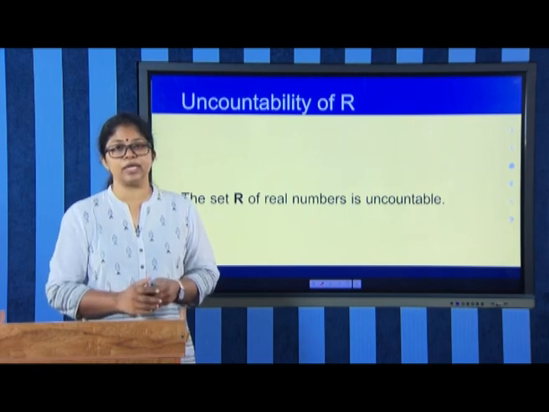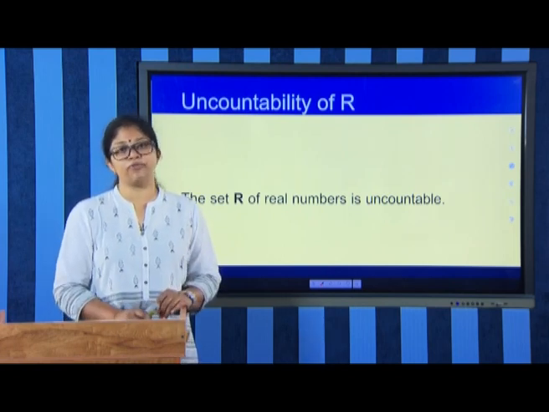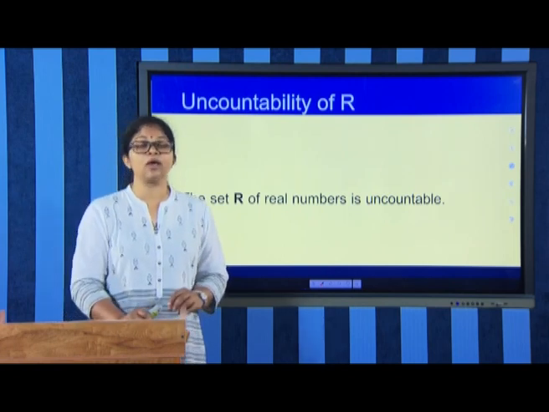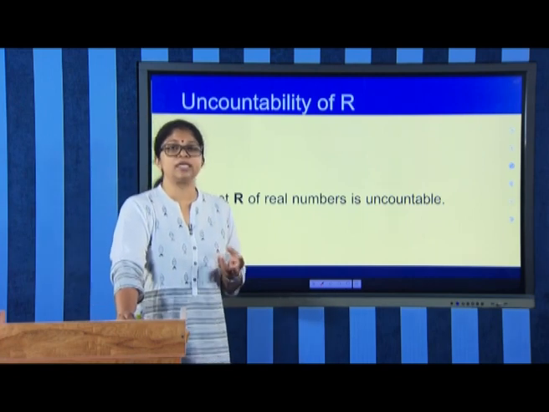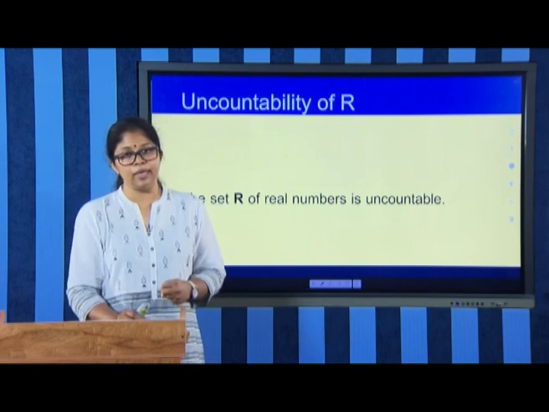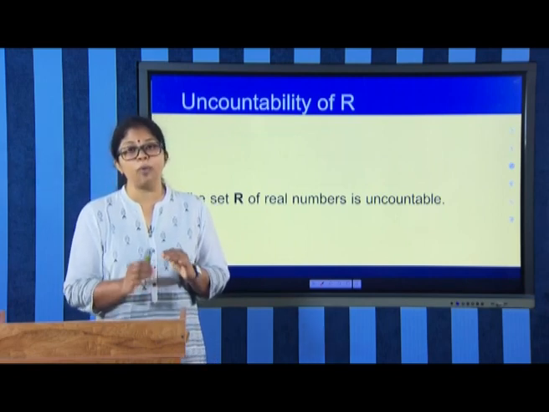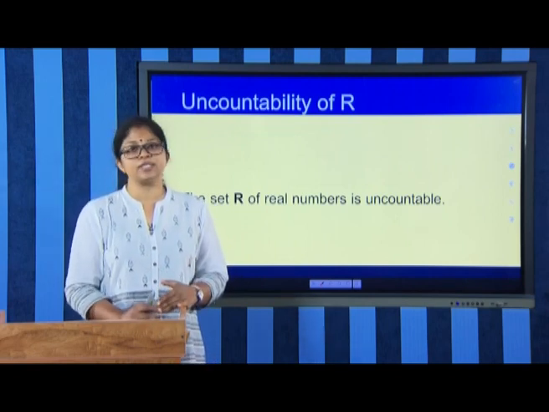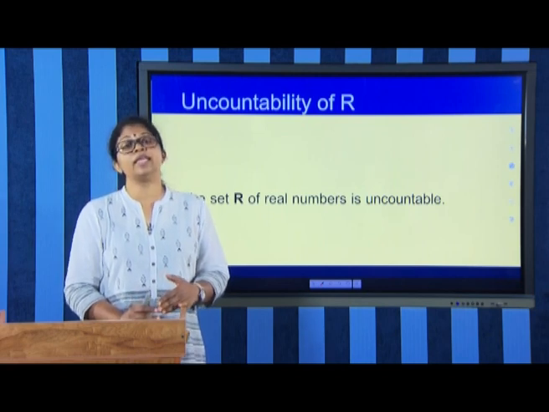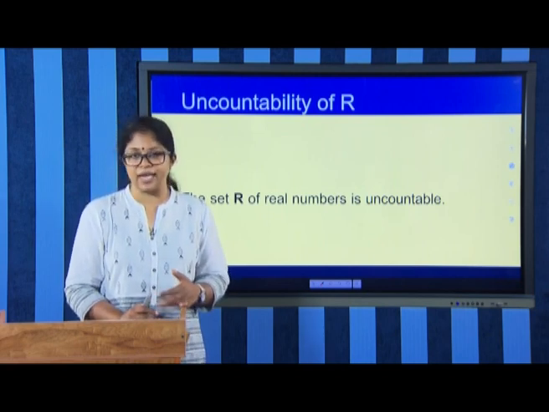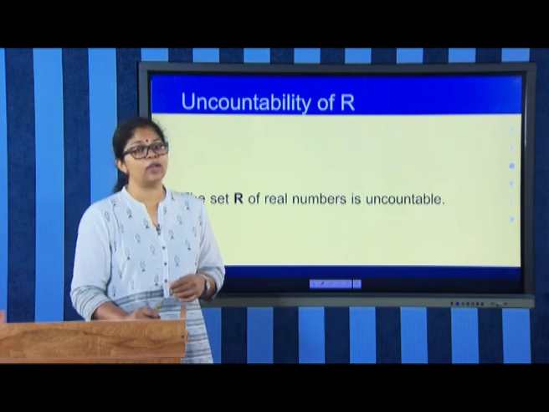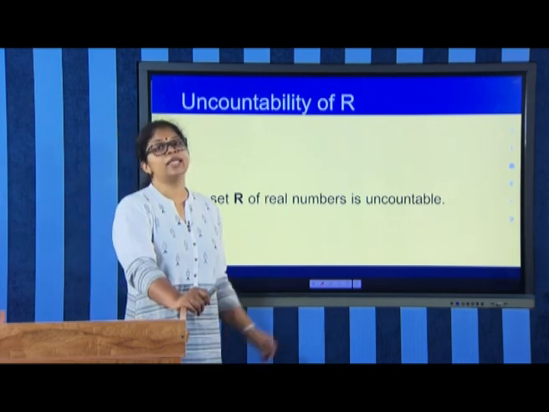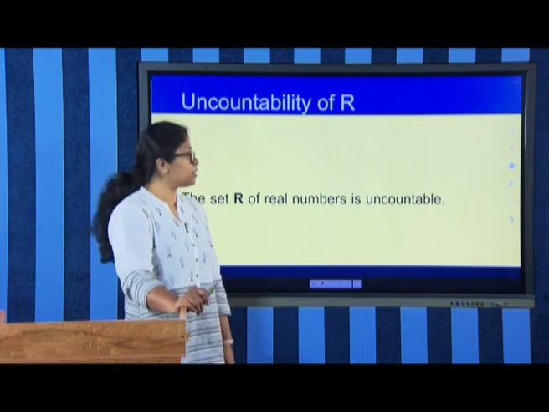So, in this session, what we have discussed so far is, we have seen what are nested intervals, when do nested intervals have something in common. We have seen that for open nested intervals, it does not have anything in common, the intersection is equal to the null set. Whereas, if it is a closed finite interval or closed bounded interval, they do possess something in common.